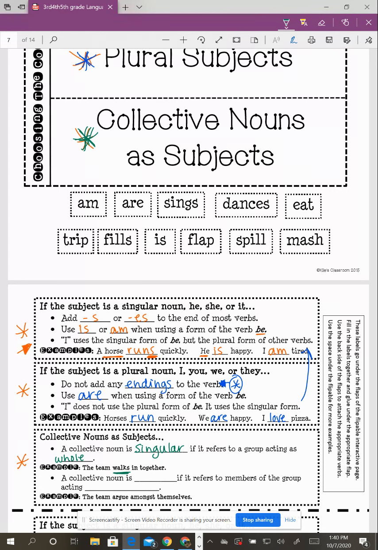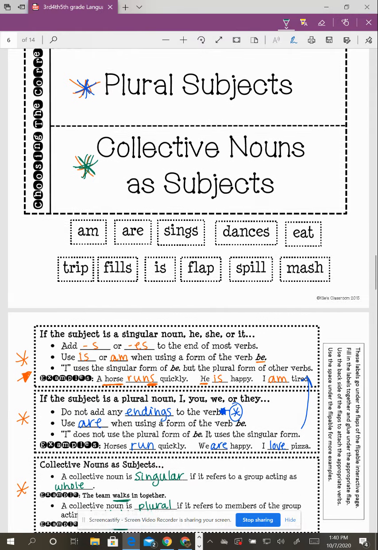Now, a collective noun is plural, but only if it refers to members of the group acting individually. So if I were talking about the team, but I was talking about all of them as individual people, I don't add an s here. The team argue amongst themselves. So we have a bunch of different ways.